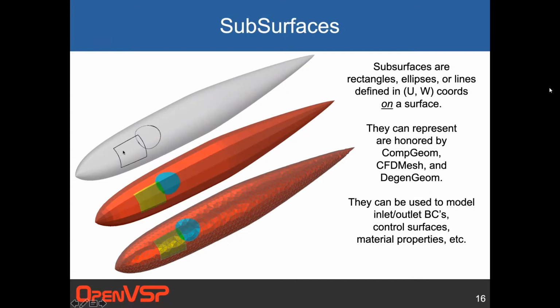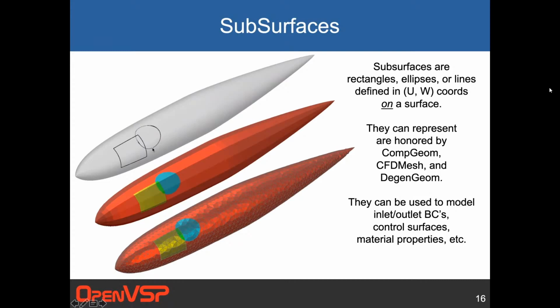Not our mass properties, but you can imagine different boundary conditions in an aero tool. You could have an actively cooled patch on a high-speed vehicle, so that part of it is actively cooled and other parts of it are passively cooled, so you're applying different boundary conditions to CFD. This is how we mark out control surfaces for deflections in VSP Aero. And you can also use them just as something visual. You can use subsurfaces to draw windows and doors on your airplane.